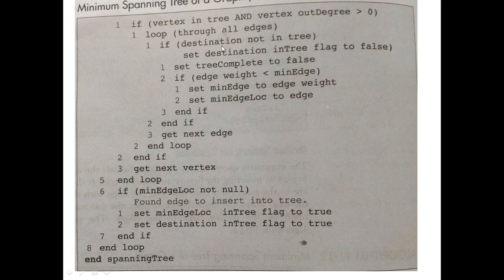In this way, if you run this loop, at the end of the loop you would have got the lowest weight in this variable, and also the edge in the min edge, and now you just have to include that edge into the minimum spanning tree. That is done in the next case. If the minimum edge location is not null, then it gets included into the resultant minimum spanning tree.